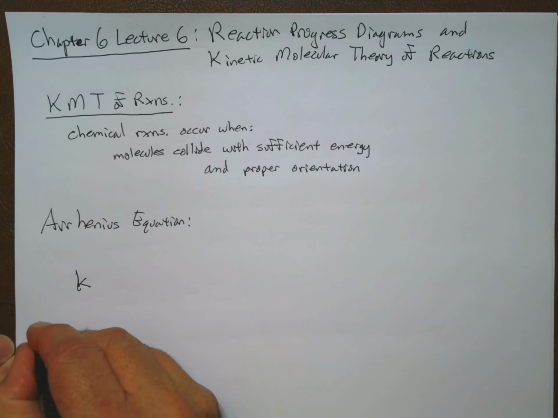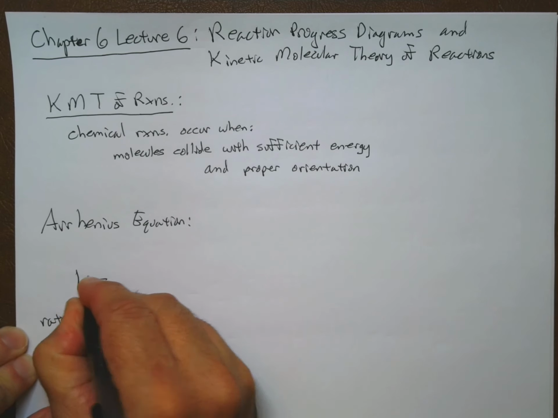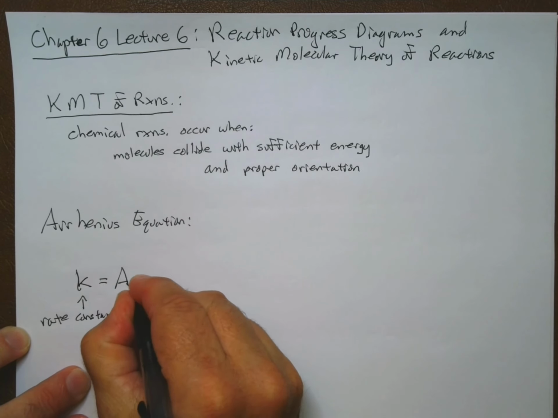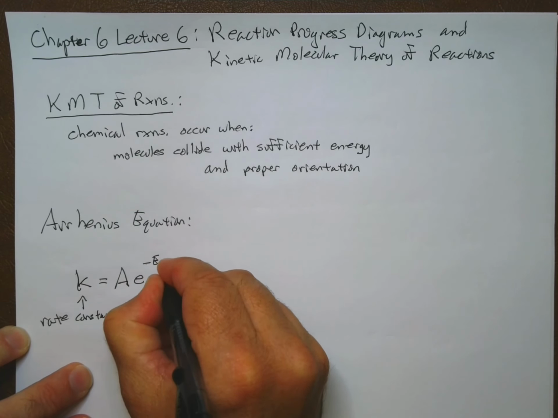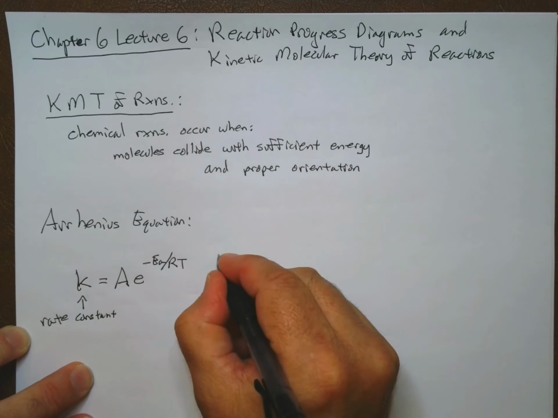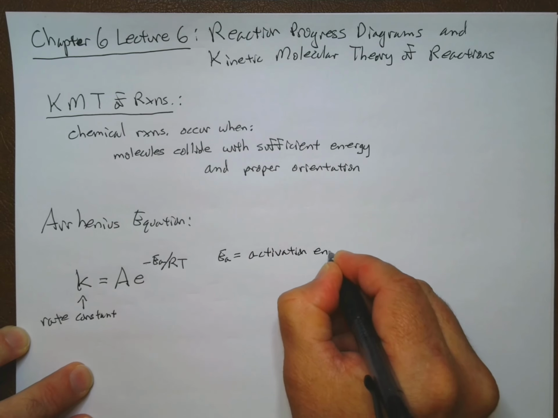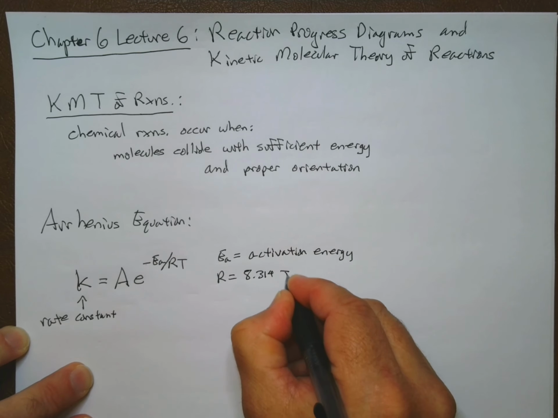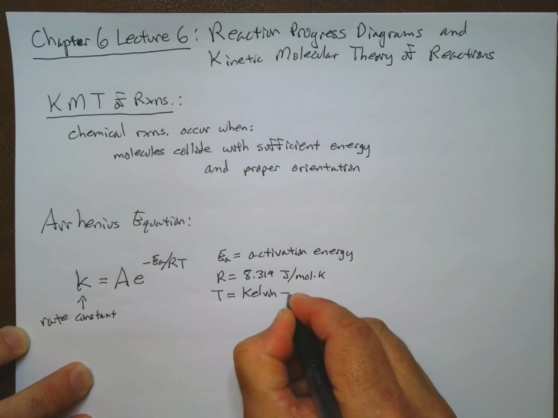And that states that k, which is our rate constant, equals some factor, we'll just call it A, times e, the base of the natural exponent, to the minus Ea over RT. And in this case, Ea is the activation energy. R is the gas constant, 8.314 joules per mole Kelvin. And T is the Kelvin temperature.